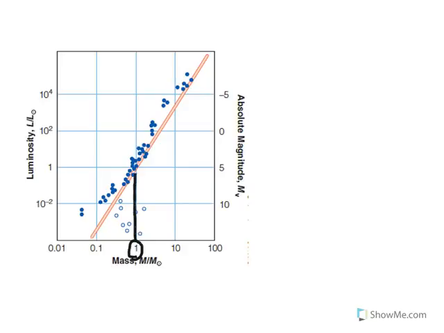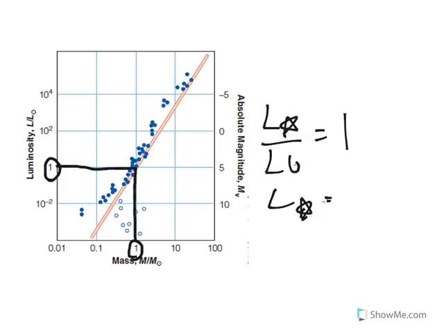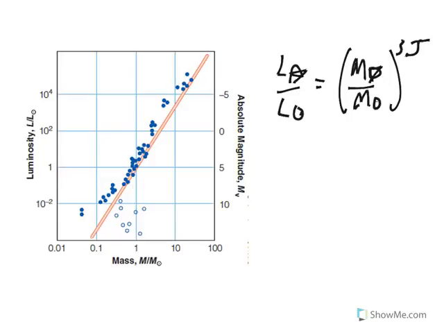Well, we can just draw up to the line and then go across, and we see that the luminosity compared to the luminosity of the sun is 1, or in other words, the luminosity of the star is equal to the luminosity of the sun, because I multiplied both sides of the equation by the luminosity of the sun, which canceled on this side, and 1 times the luminosity of the sun is equal to the luminosity of the sun.